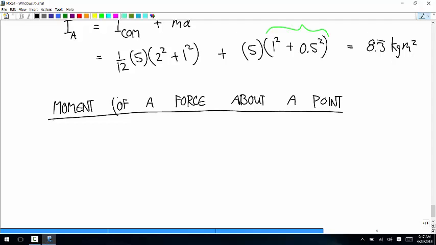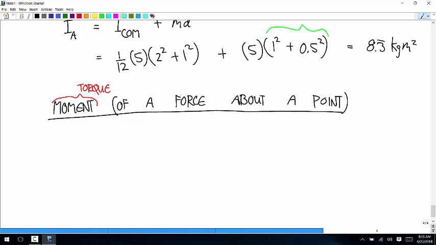And people just call it a moment, but to define it, you need to know what the force is that's creating it, and you need to know the point that it's rotating around. And also, physics people a lot of times say this is synonymous with torque. So maybe you've heard the word torque.